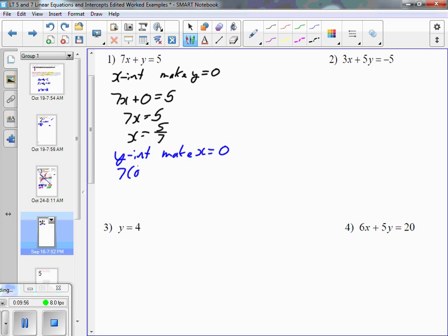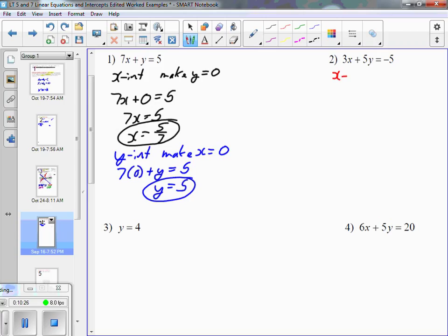So that would be 7 times 0 plus y equals 5, y equals 5. We found the x-intercept. We found the y-intercept. Well, all you got to do is replace one of the variables with 0, solve it, and you found one of the intercepts. Okay? Let's take a look at number 2.